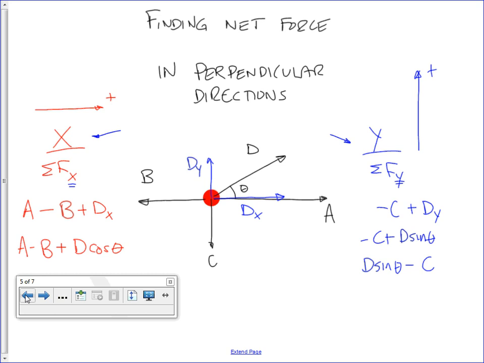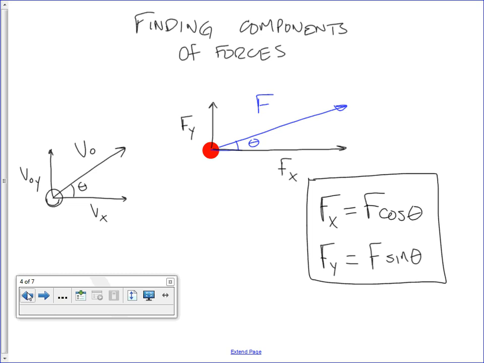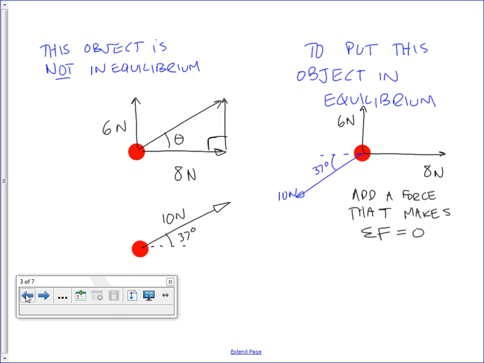We want to be able to look at them in combinations in one of two directions, either the horizontal x direction or the vertical y direction. There's a refresher on how we take a force pointing at an angle and look at its components. Here's a case where forces are not collinear, not in the same dimension like these 6 and 8 Newton forces. We can use the Pythagorean theorem if they're perpendicular to find their resultant.